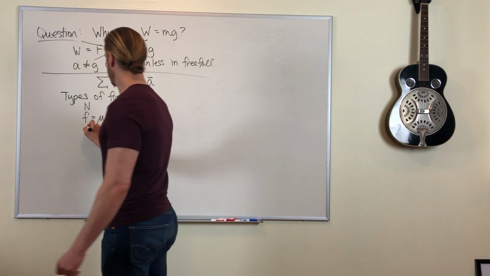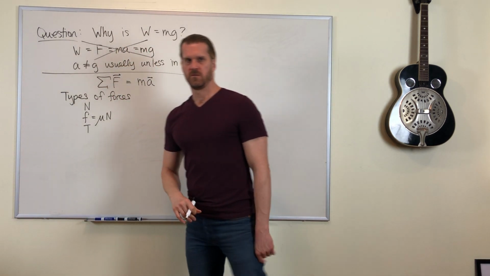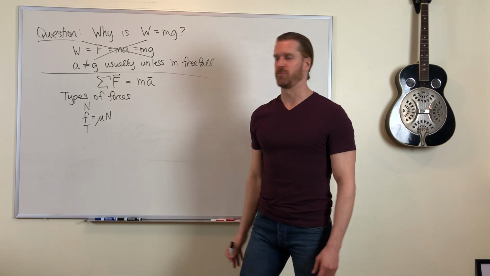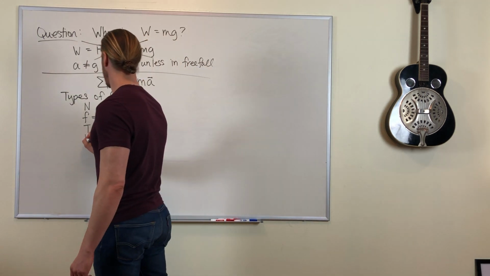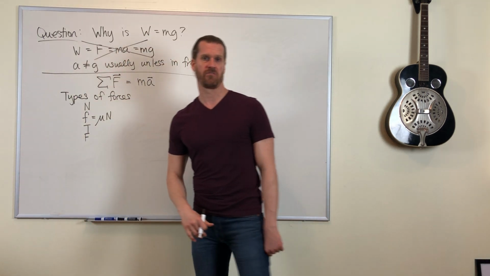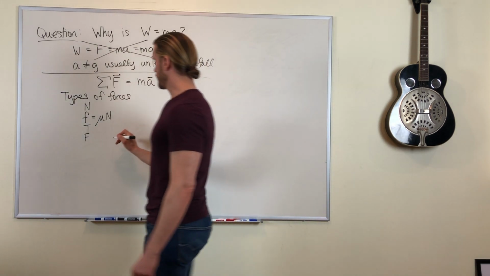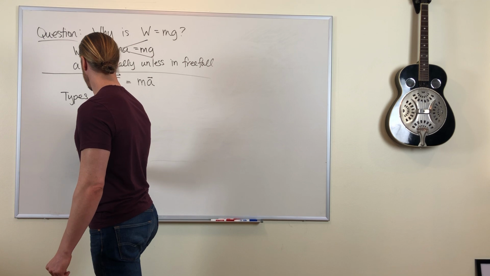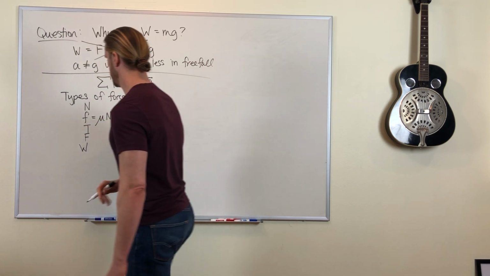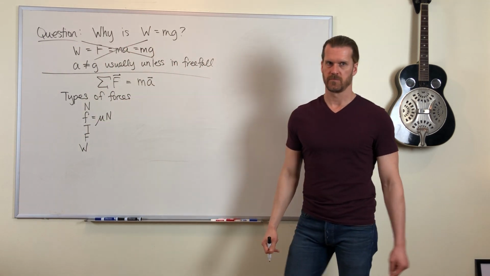We've learned about tension. We've learned about just pushes and pulls, which we usually describe with simply F. And of course we've got gravity, which so far we've been writing as W.